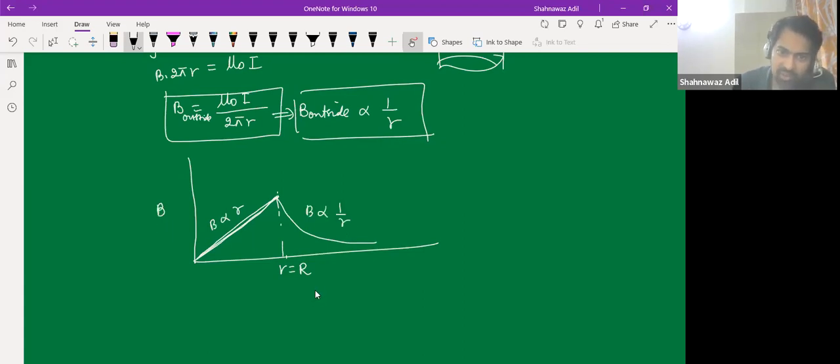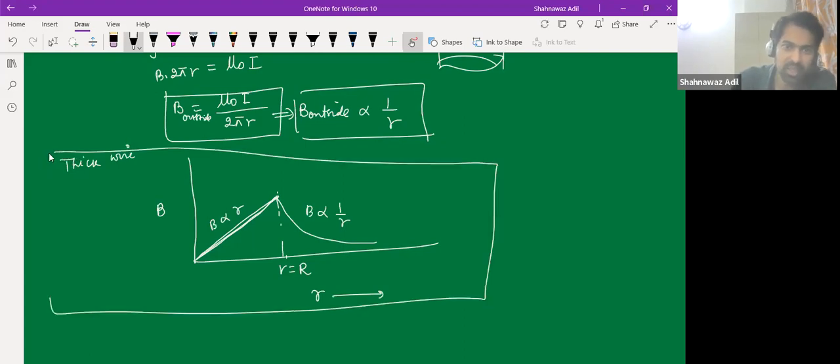So this is the magnetic field versus r for a thick wire. Is this part clear, guys?